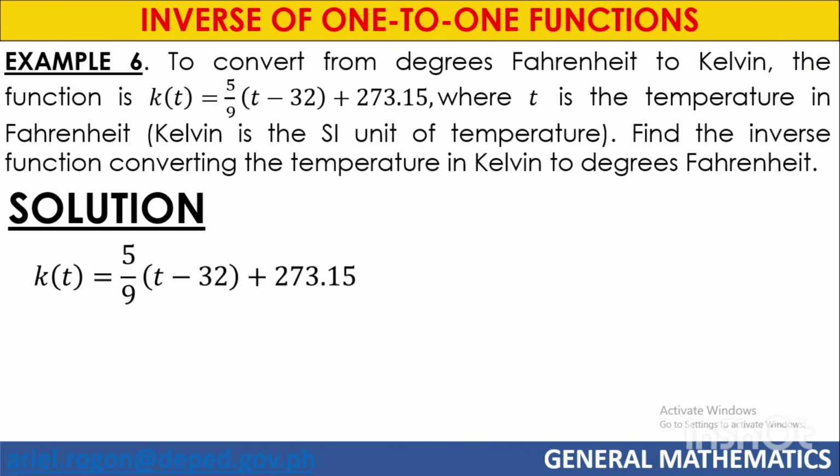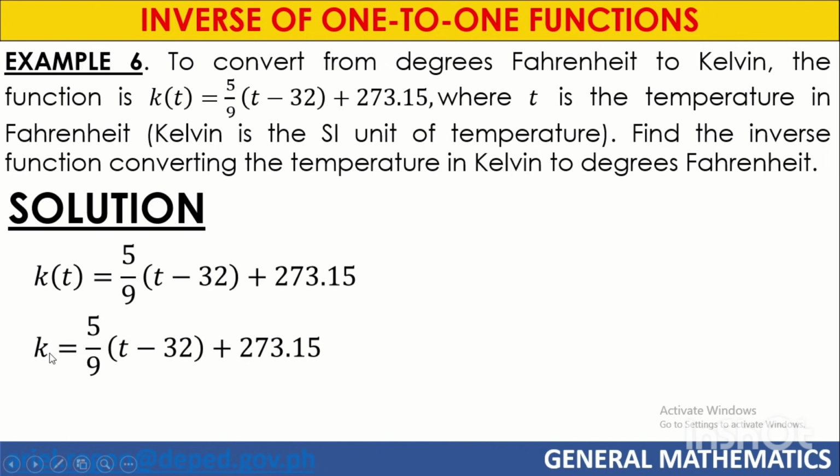Okay, first, write the original function. Next, okay, so anong mangyayari after that? Okay, magiging k na lang natin siya, no? We represent k of t as k, no? Hindi yung ginagamit natin as y. Laging yung f of x pinapalitan natin ng y.